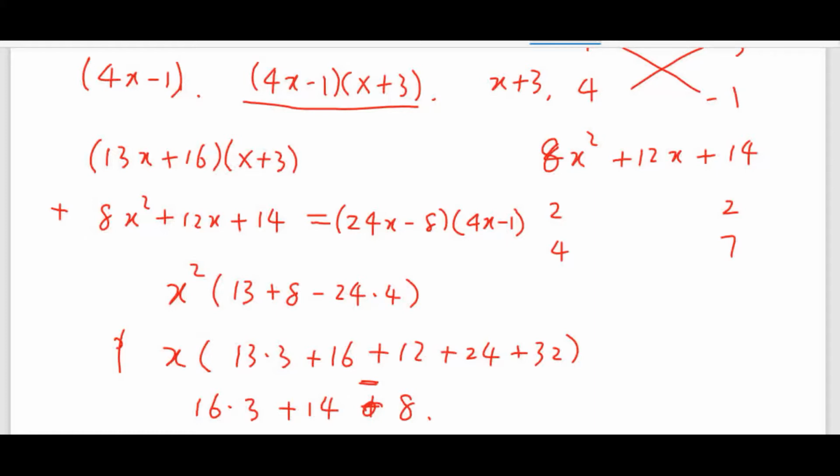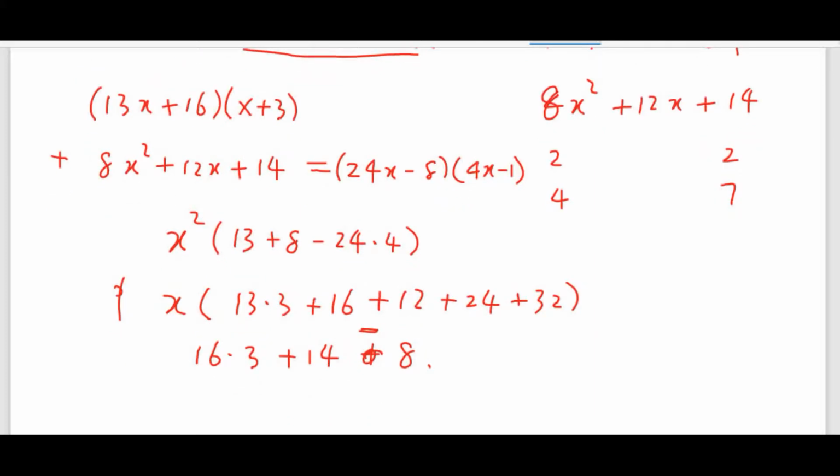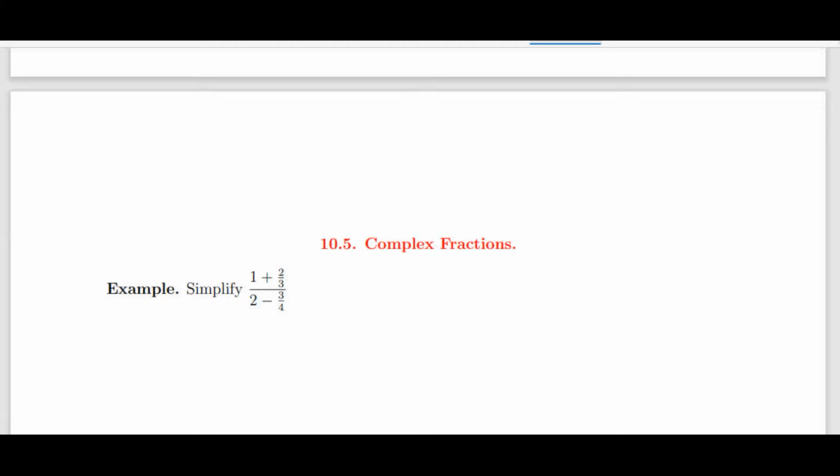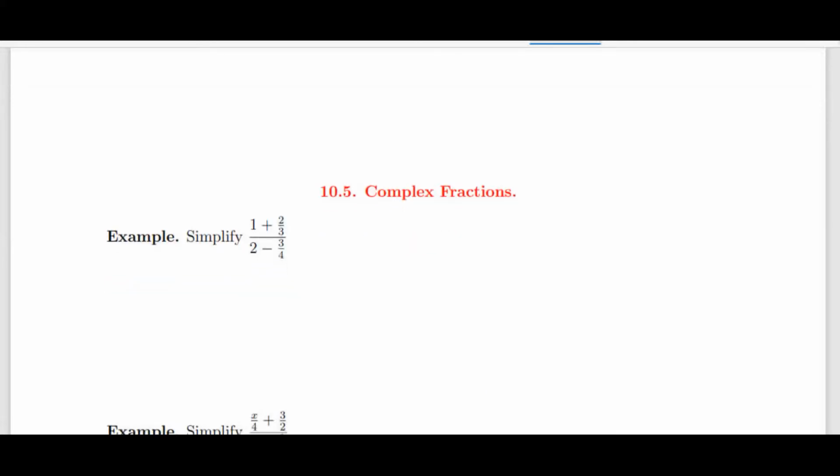So move this positive 8 to the left side, and we get this second degree polynomial equation, right? So I just leave you to finish this.